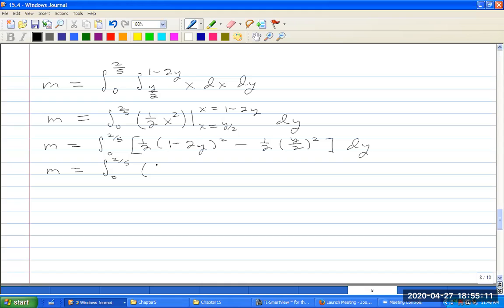So this will be 1/2 times 1 minus, so plus, well, 1 times minus 2y times 2 is minus 4y times 1/2 is minus 2y. Plus, negative 2y quantity squared is 4y squared times 1/2 is 2y squared.